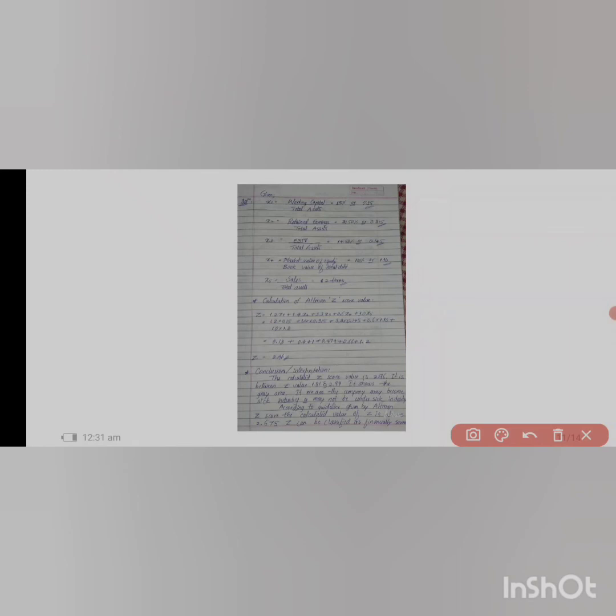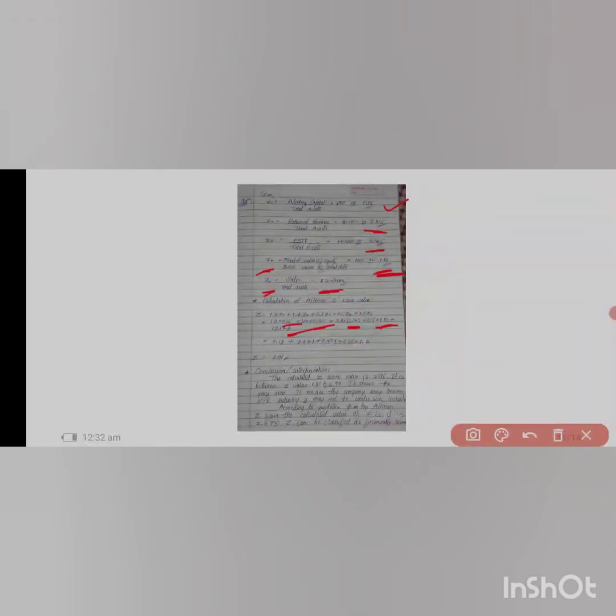Okay, 1.2 into x1 is 0.15, 1.4 x2 is 0.315, the same we keep here. 3.3 into x3 value is 0.145, I have taken here 0.145. x4 is 1.10, okay, x4 is 1.10 and x5 is 1.2.